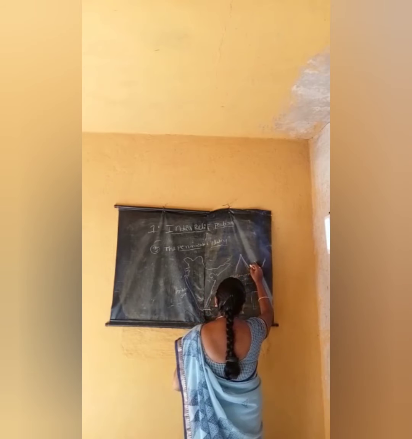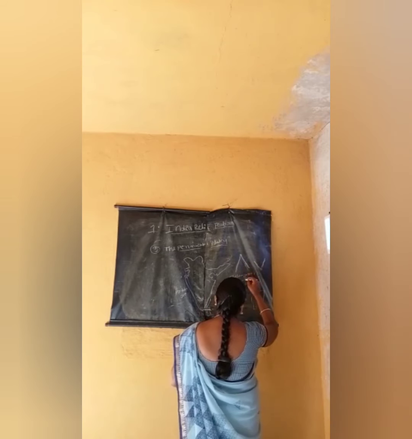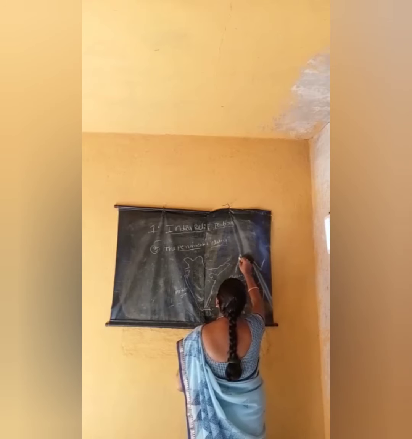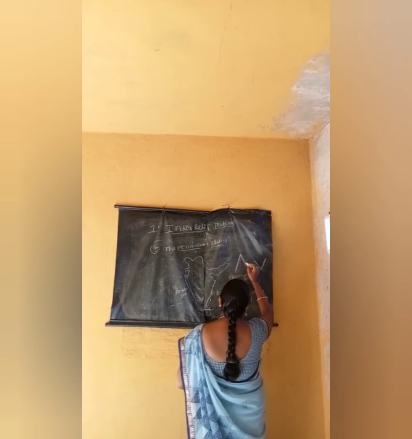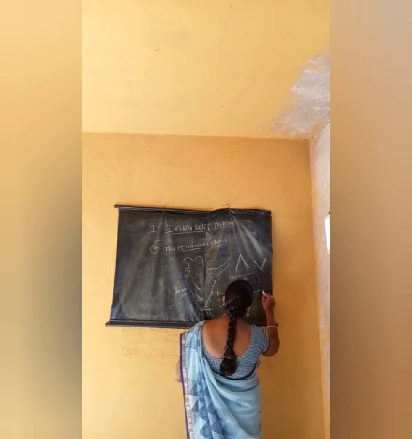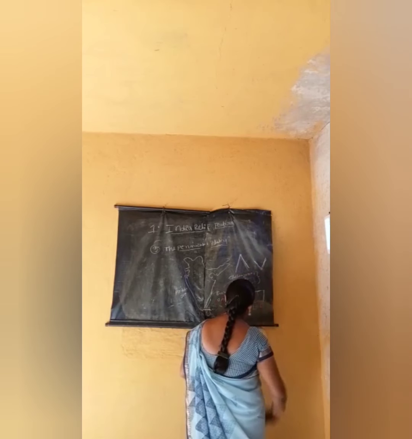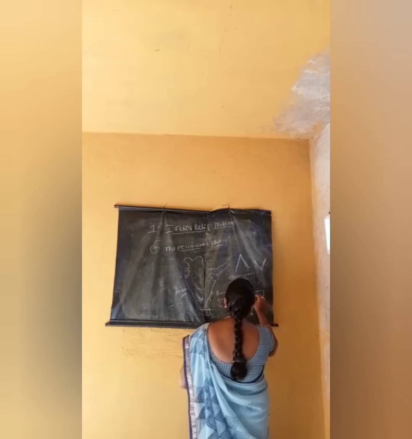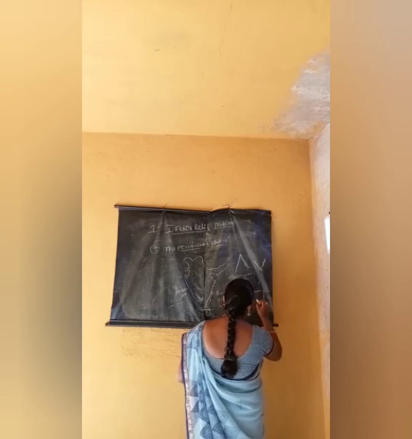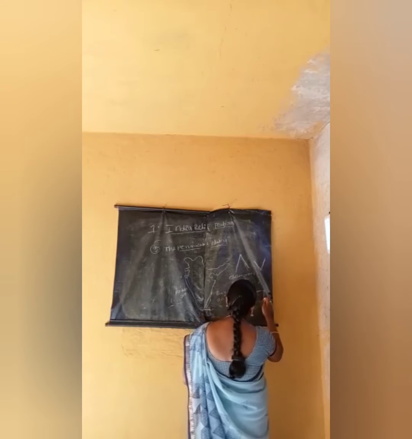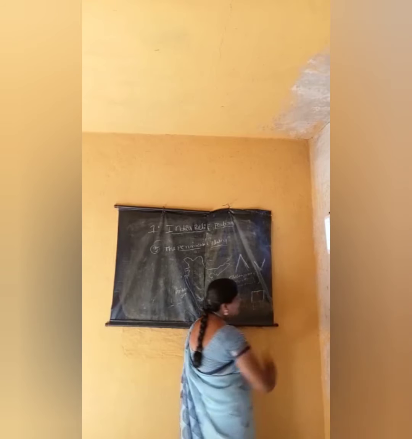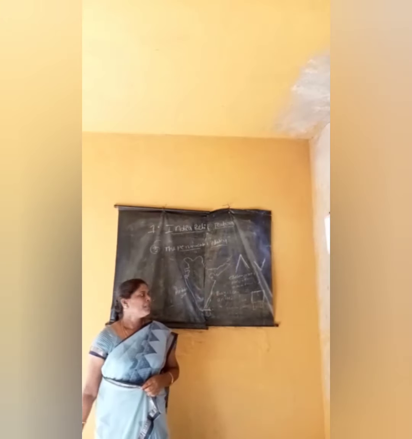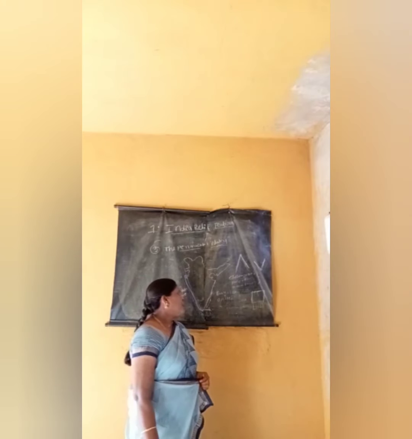Mountain is high level, valley is low level, and plateau is flat level. A plateau is an elevated flat land.